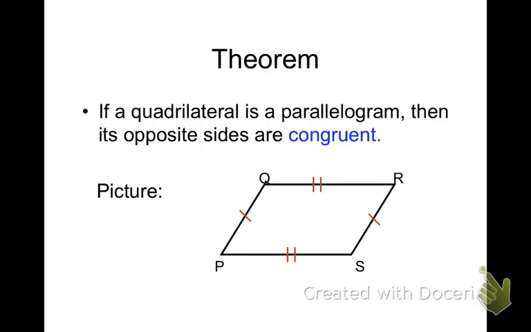So we know that we have opposite parallel sides. Now we just added my opposite sides will be congruent. So in this diagram, QP is congruent to RS, and QR is congruent to PS.